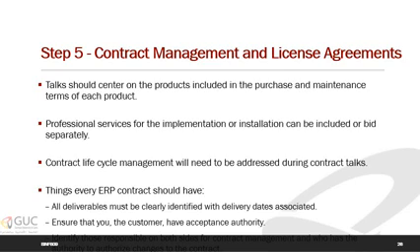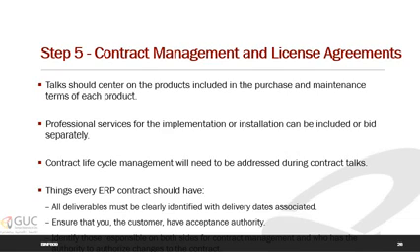Professional services for the implementation or installation can be included within the bid or separately, where there are many professional consulting companies with much experience in system implementation that may be used. This is the more preferred method because software vendors may not have the best experience in implementing an ERP system.